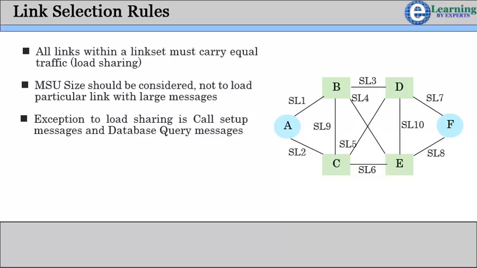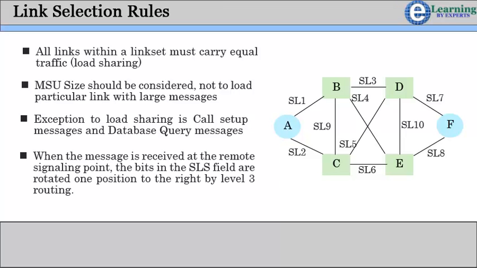To prevent them from taking different routes and being received out of order, the messages relating to one transaction or to the same circuit connection always follow the same path, that is, use the same links from one signaling point to another signaling point. When the message is received at the remote signaling point, the bits in the SLS field are rotated one position to the right by Level 3 routing. This is to ensure load sharing.